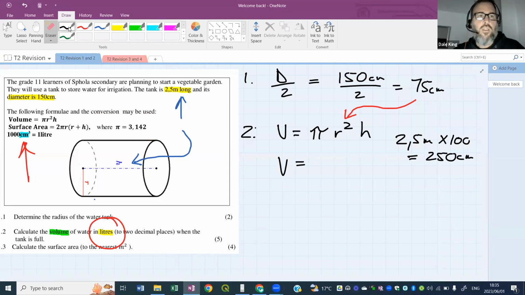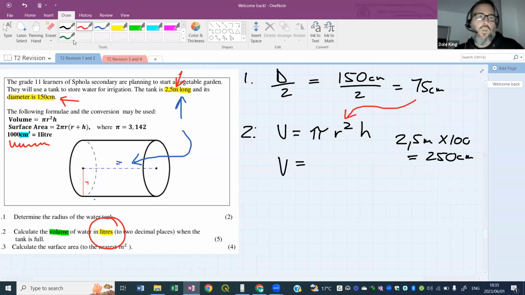Okay, so like I said for this question here, we need it in liters. Unfortunately, that means we're going to take our volume answer from the formula and convert it to liters with the conversion that they've given us here. But that conversion is working with centimeters cubed. And we've got one dimension with meters here, the length, and one dimension with centimeters here.